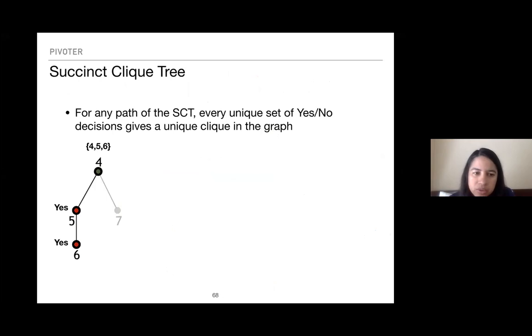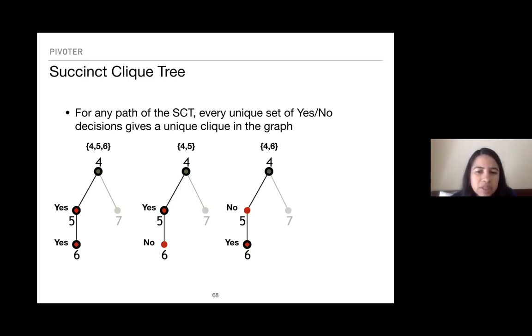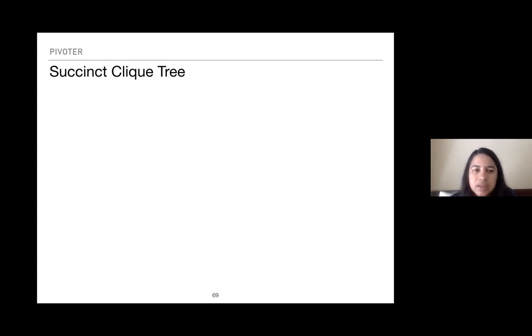I have to include those vertices in the clique. But with 5 and 6 here, because they're red, I have a choice. So if I make the choice yes, yes for both of these, then I get the clique 4, 5, 6. If I say yes, no, then I get the clique 4, 5. No, yes gives me the clique 4, 6, and no, no would give the clique 4. And that's essentially how we interpret this SCT.